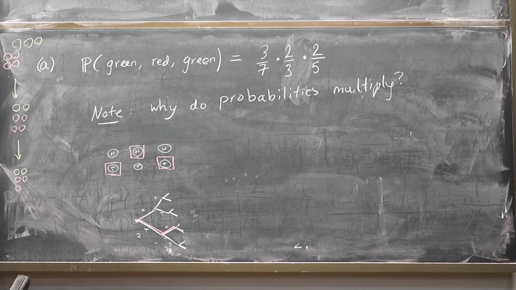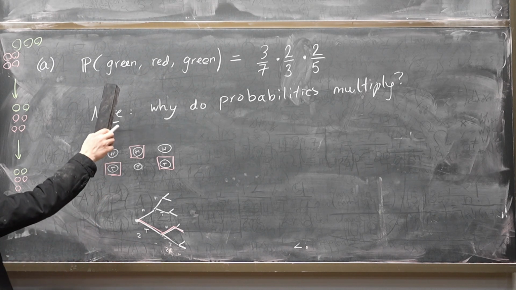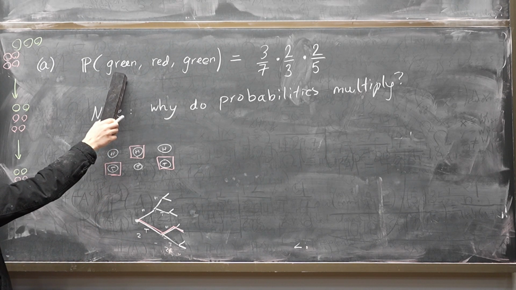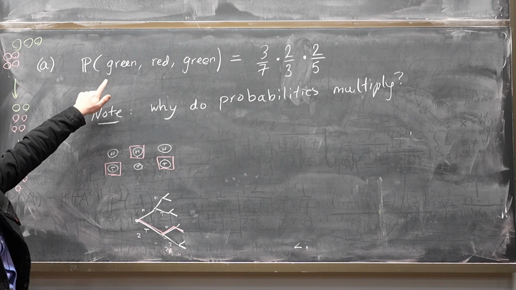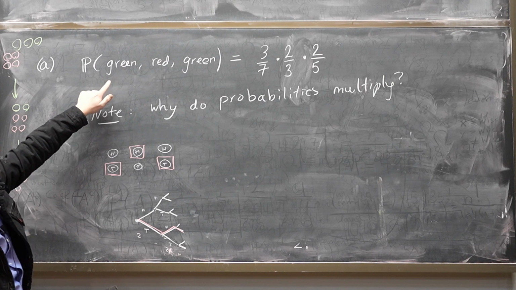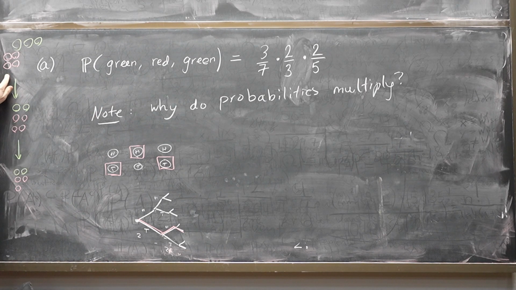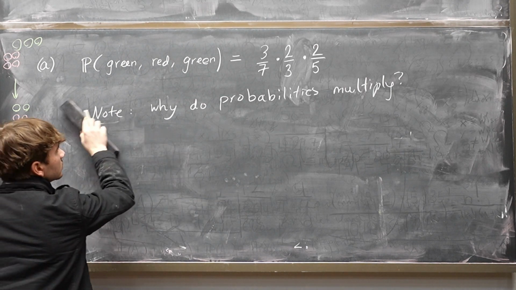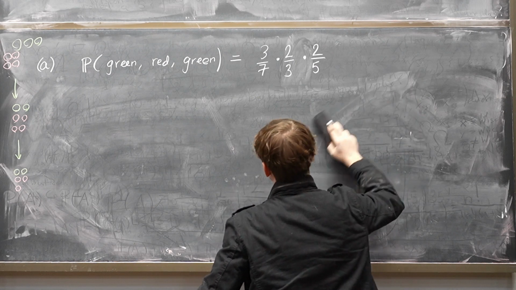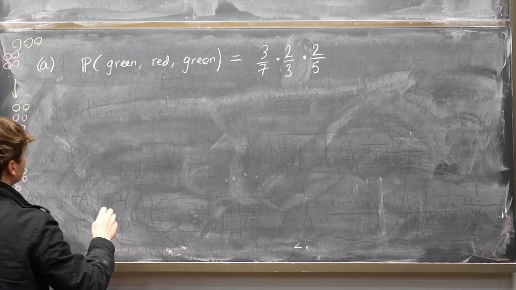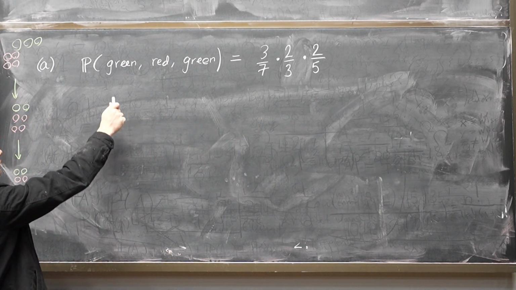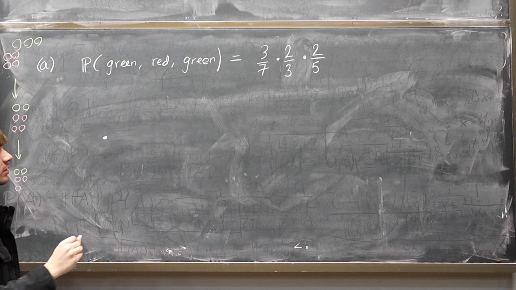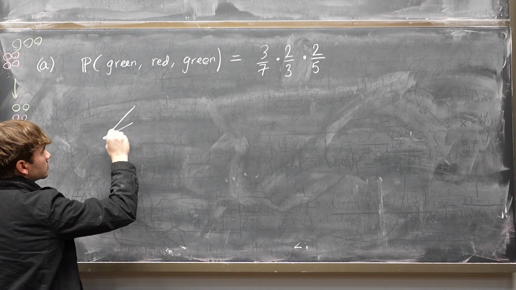So in this case, when I pick the first ball, there are 7 possible branches. So let's draw this out. This is a great piece of intuition. So when I draw the first ball, there are 7 possible choices.